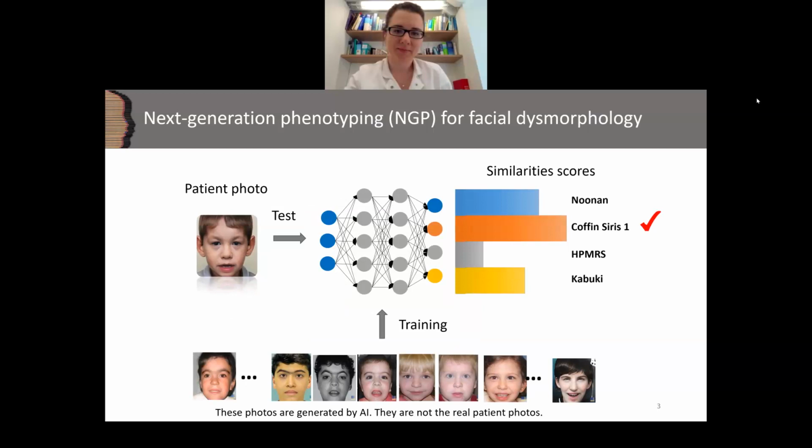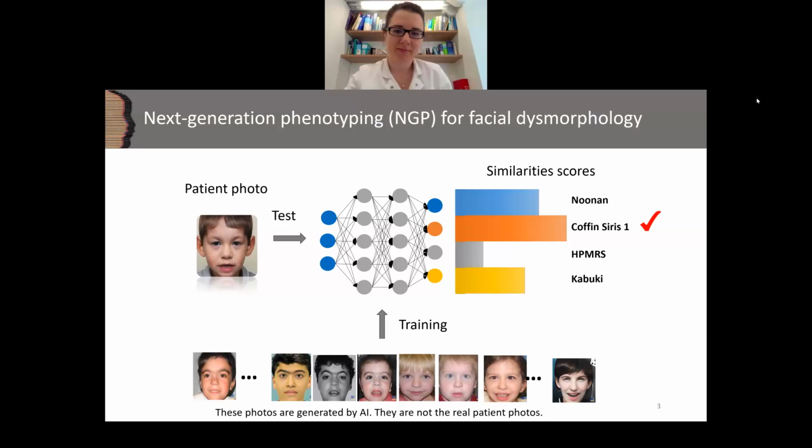For example, if these patients have a very high similarity score to Coffin-Siris syndrome 1, then we can further check the disease genes or disease-causing mutations related to this disease, try to find the variants in the patients' exome data, and in the end find the answer for this patient.